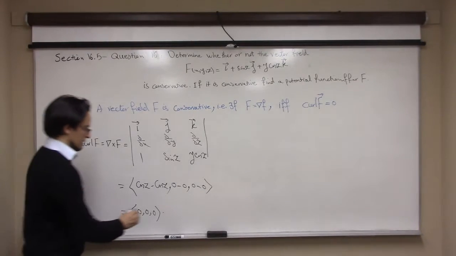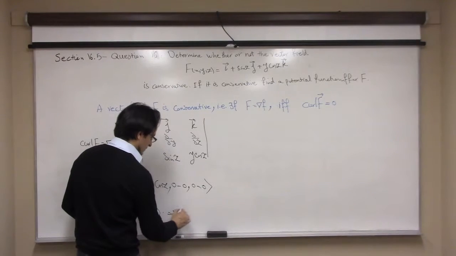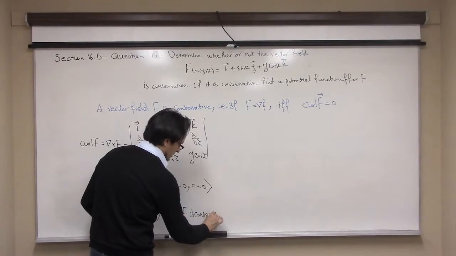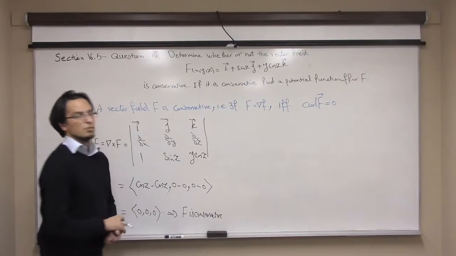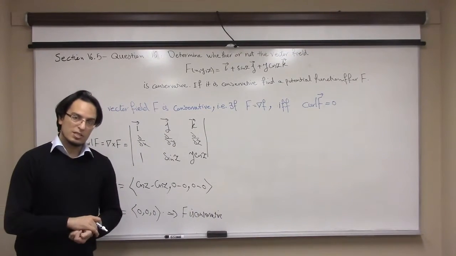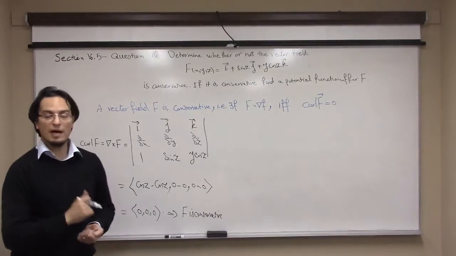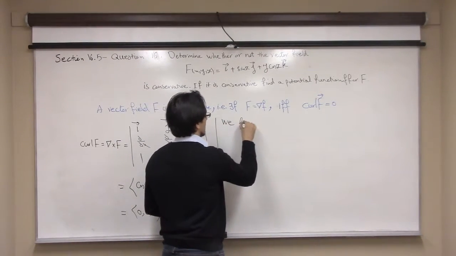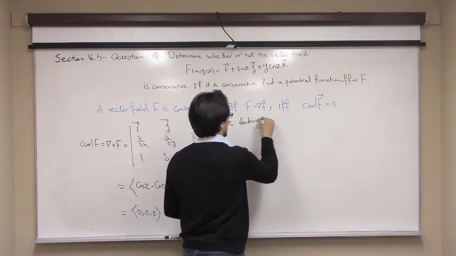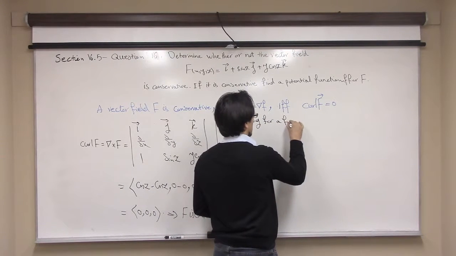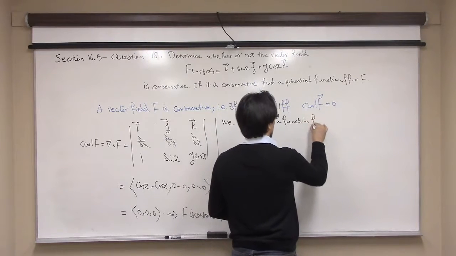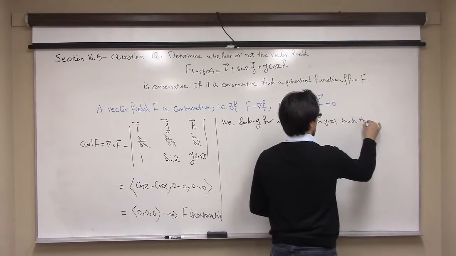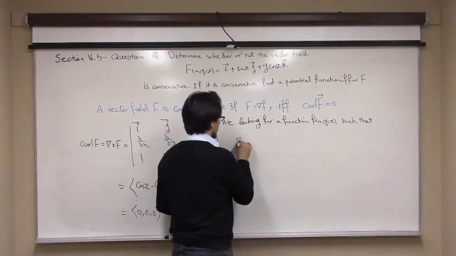That means F is a conservative, and now we have to find a potential function. What is potential function? So we are looking for a function f(x, y, z) such that gradient of that function.